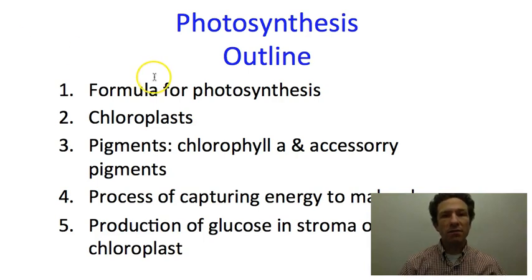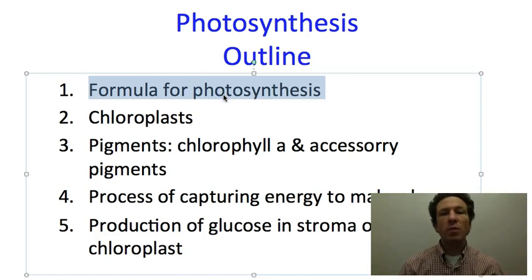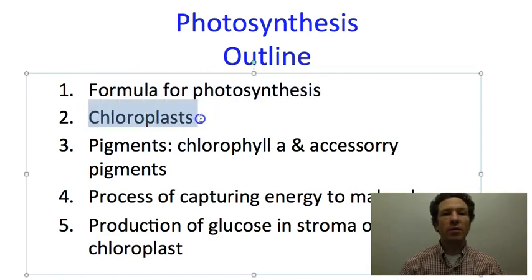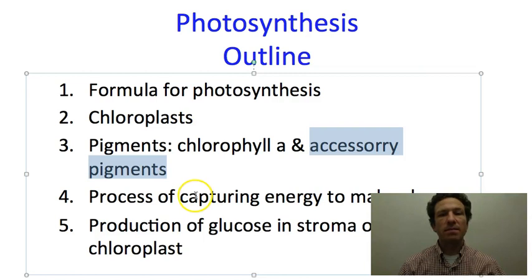In our discussion of photosynthesis, we'll start by reviewing the formula, which we have gone over previously. We will then talk a little bit about chloroplasts, where they came from, and their structure. Next, we will talk about pigments, including chlorophyll A, which is the most important one, and accessory pigments, which also contribute to the process.